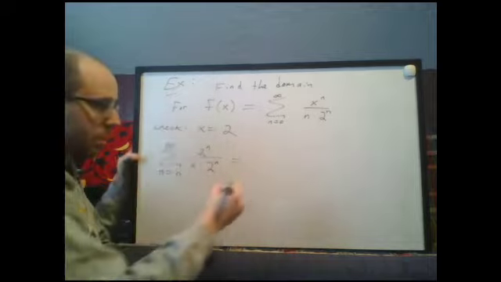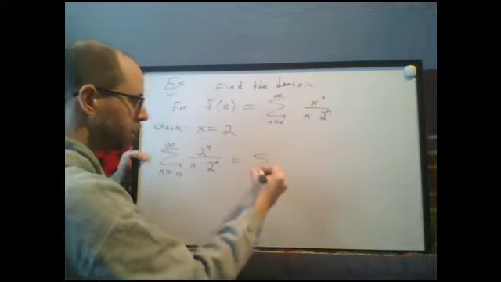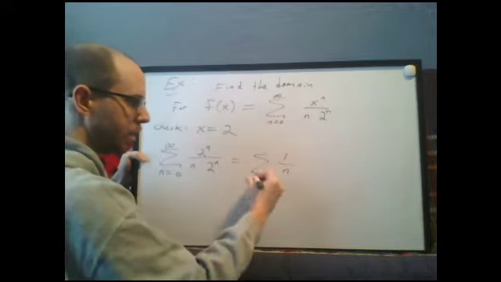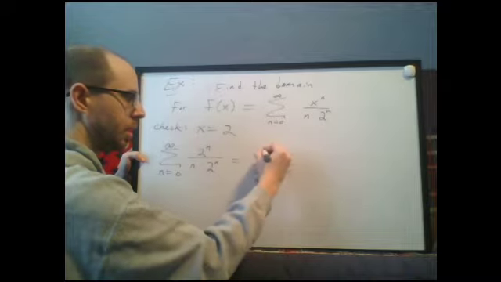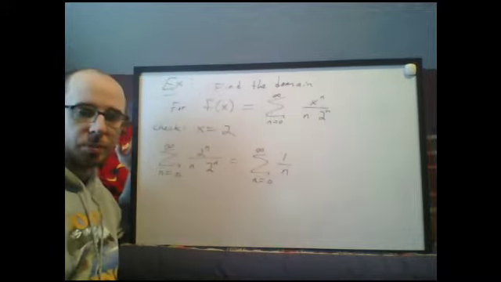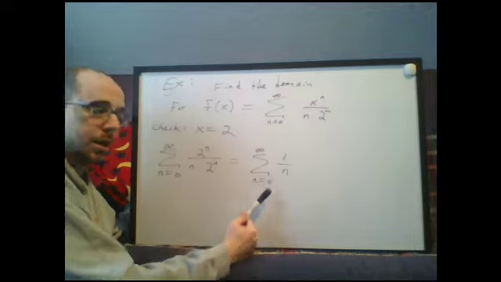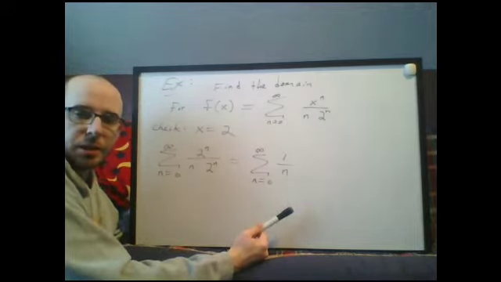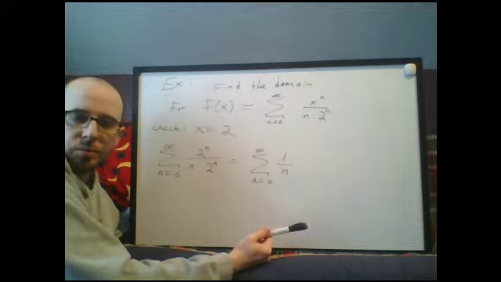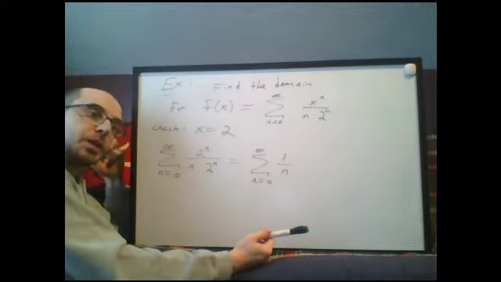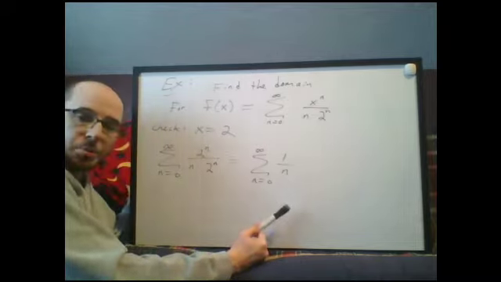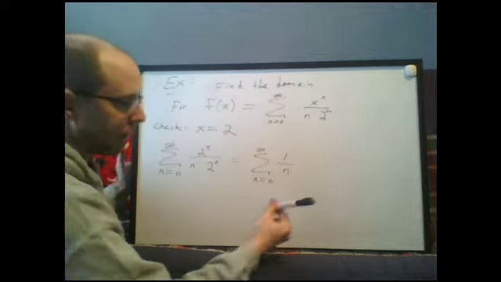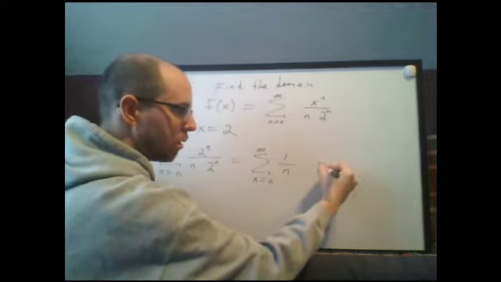The 2 to the n's cancel, and I'm left with just 1 over n for my series. And now go back a few lectures. Summation of 1 over n, that's a divergent series. Either it was one of the first divergent series we looked at, or it's the p series with p equals 1, which is divergent.